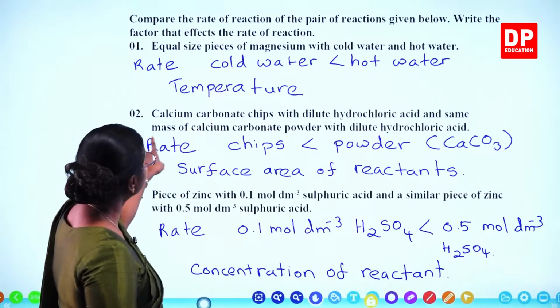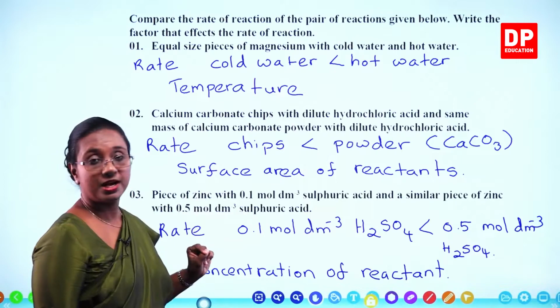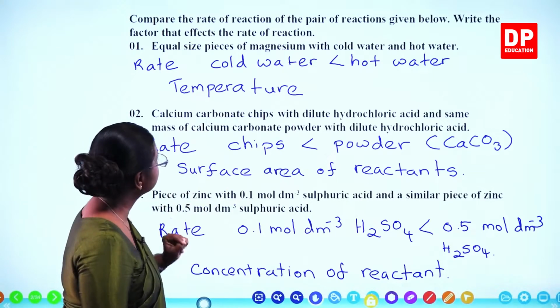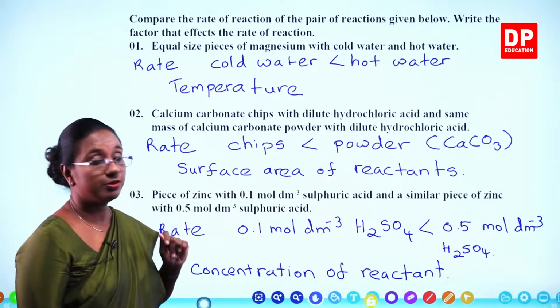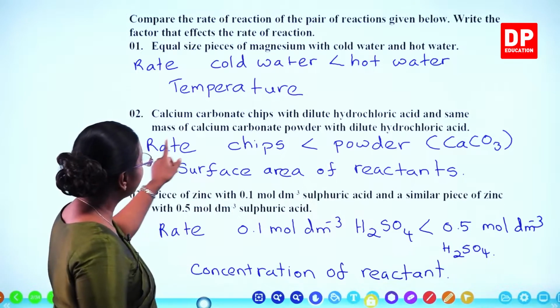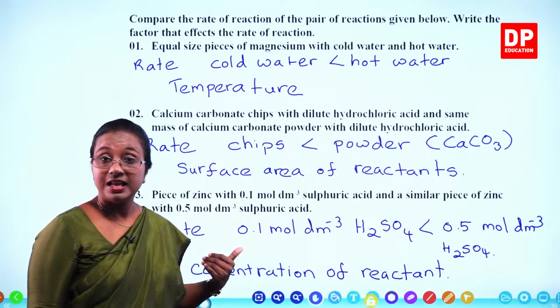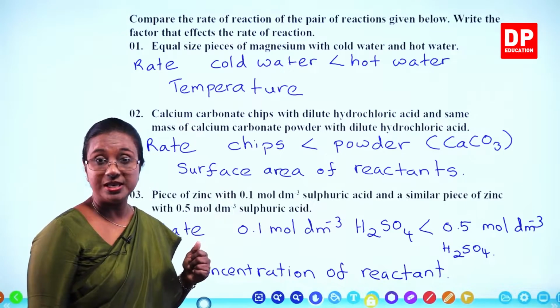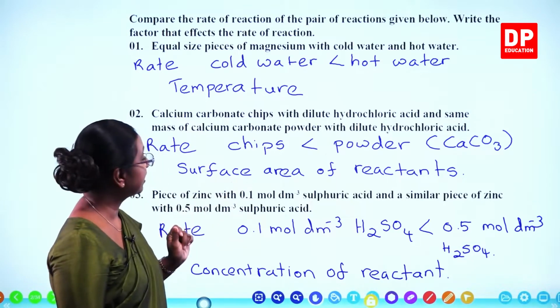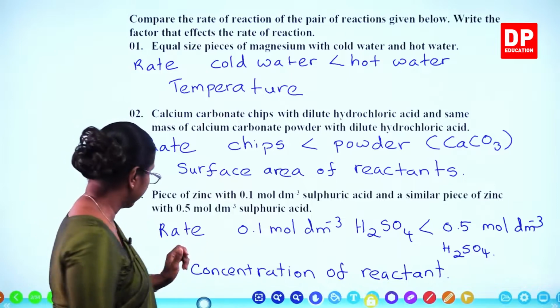Then the second one, calcium carbonate chips with dilute hydrochloric acid and the same mass of calcium carbonate powder with dilute hydrochloric acid. So there, when you use chips, the rate is less than using powder. And the factor is surface area of reactants.